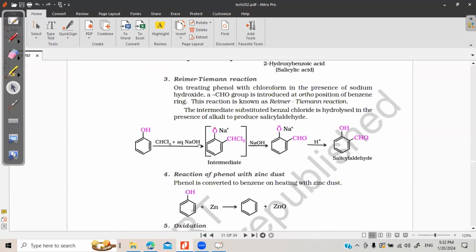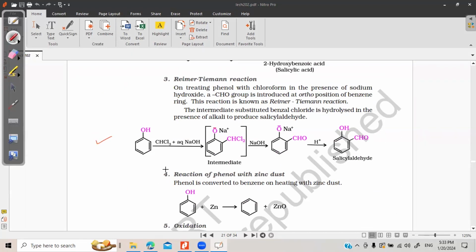Reimer-Tiemann reaction. Guys, all the name reactions are very, very important for board examinations. In aldehydes also we are going to study the same reaction, but again, we have to look at this reaction. Very, very important reaction.